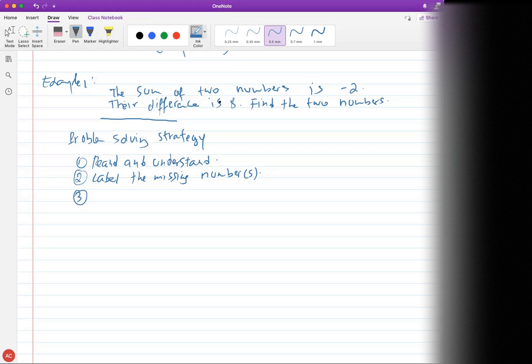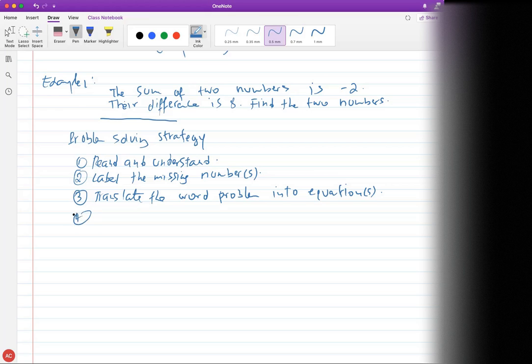After you label what's missing and understand everything, you want to turn that into a system or equation. Again, it could be one equation, it could be more depending on the problem.